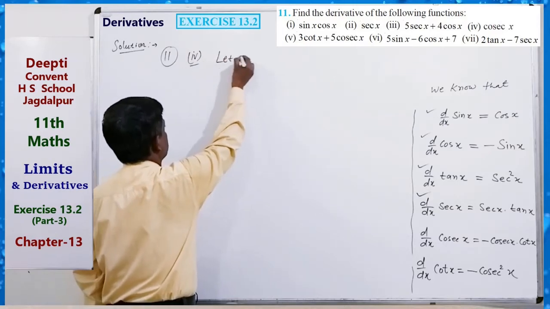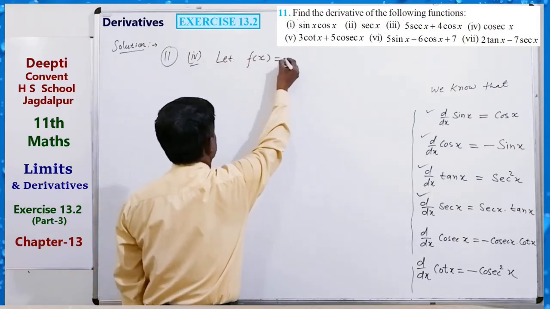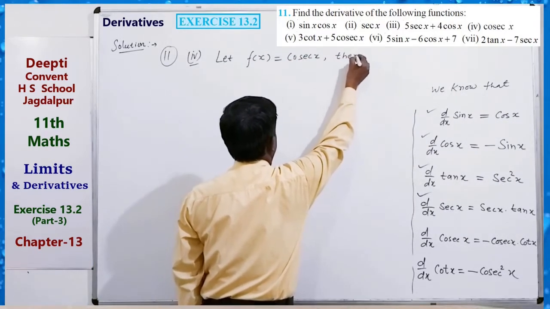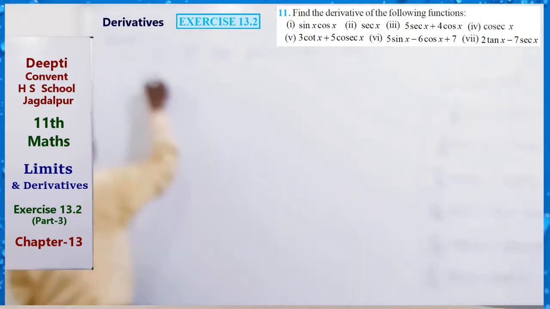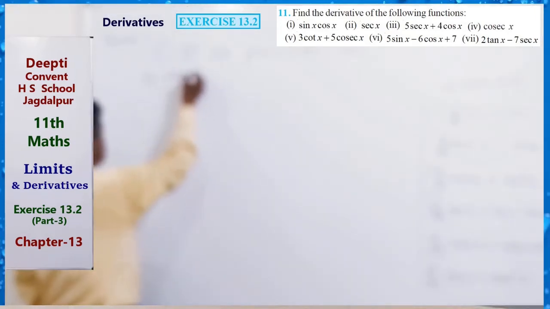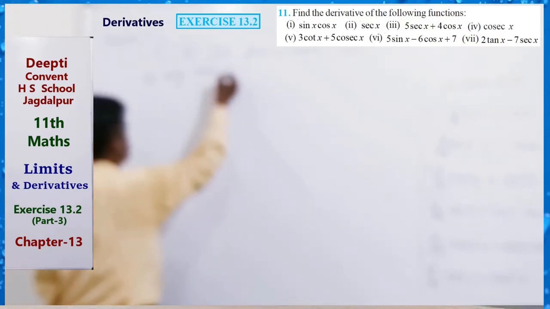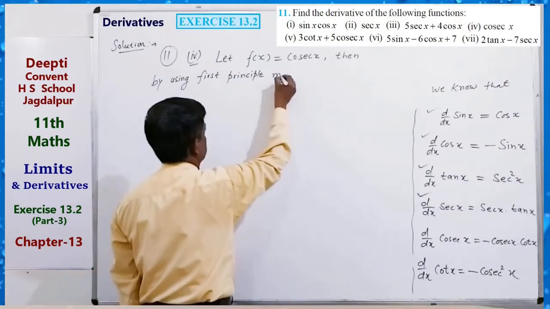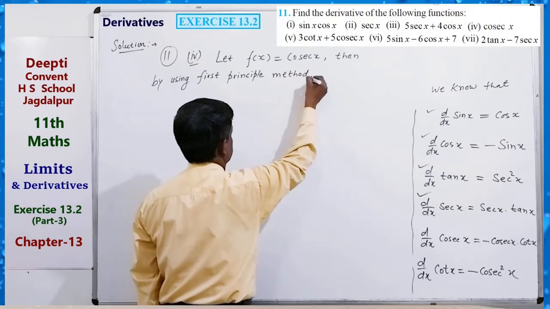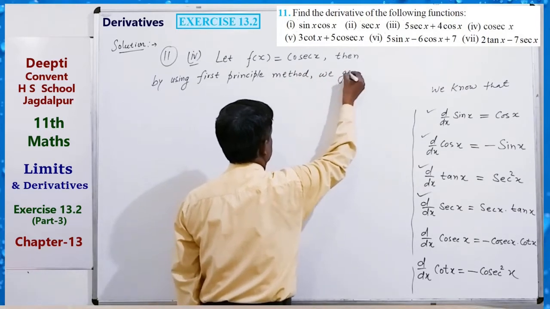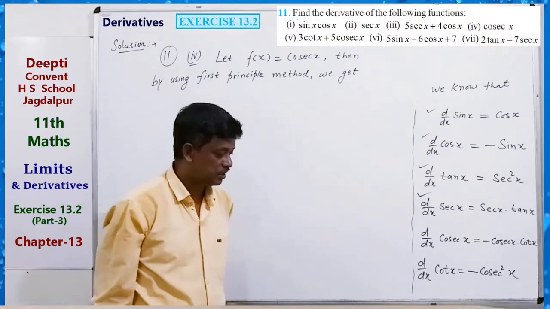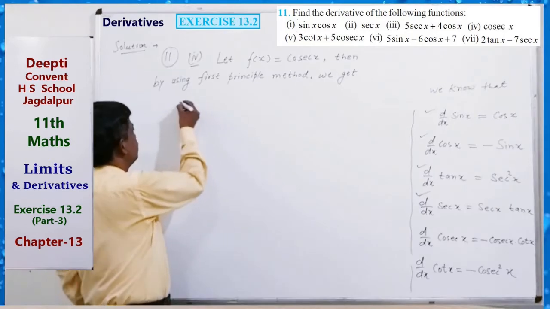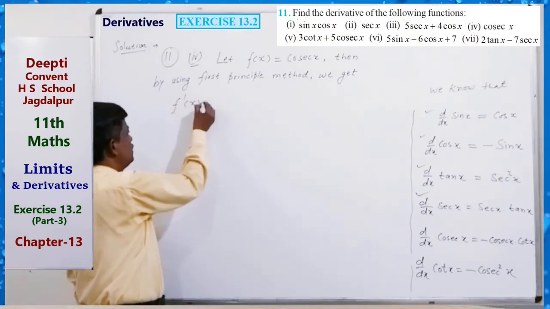Let fx equals to cosec x. Then by using first principle method, we get f dash x, that is what?